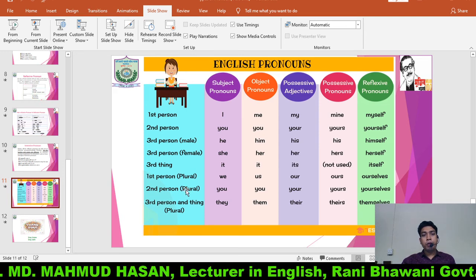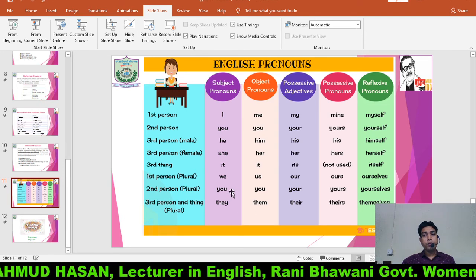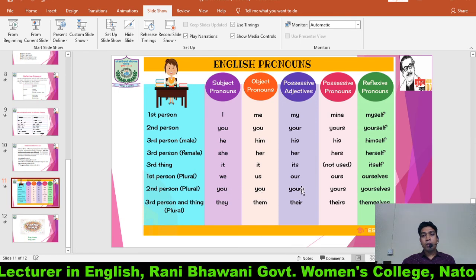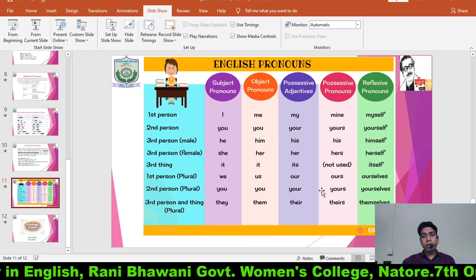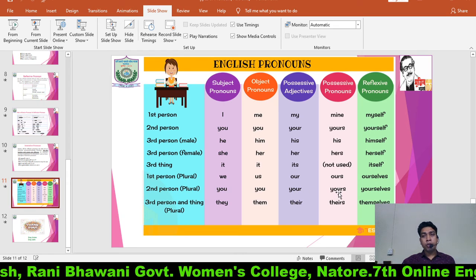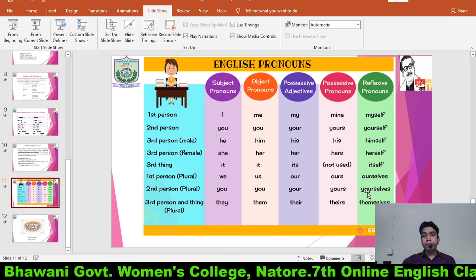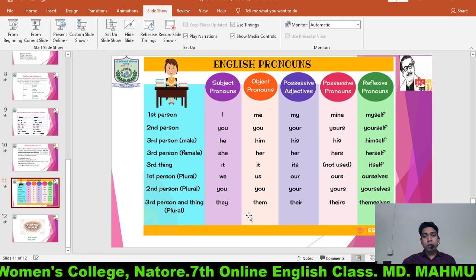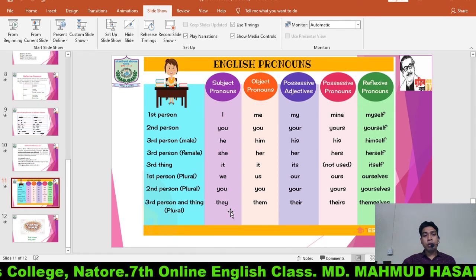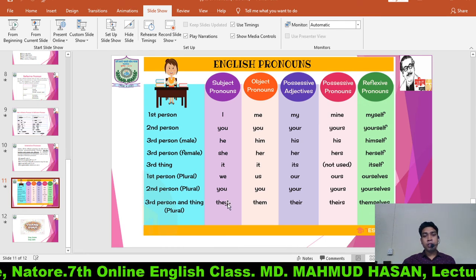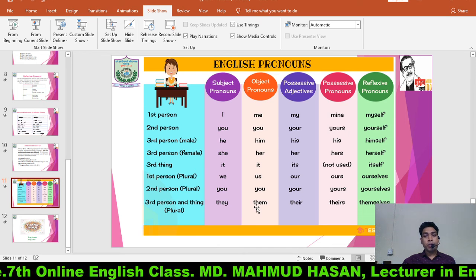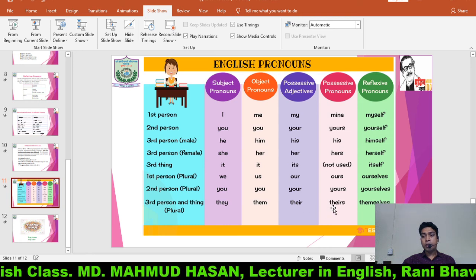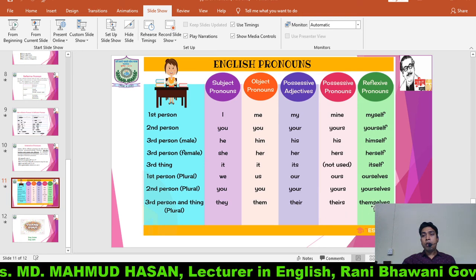Second person plural you, subjective form you, objective form you, possessive adjective form your, possessive pronoun yours, and reflexive pronoun yourselves. Third person and thing plural they, subjective form they, objective pronoun them, possessive adjective their, possessive pronoun theirs, reflexive pronoun themselves.